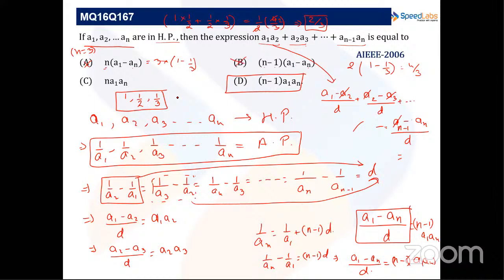This is not the correct option. And a1 an, so that would be 3 into 1 into 1 by 3. So this is again not the correct option. From this one, this is 2 into a1 an. So this is 1 into 1 by 3, that is 2 by 3. So this is the correct option. Got it? How you can solve it? By putting some values in it.